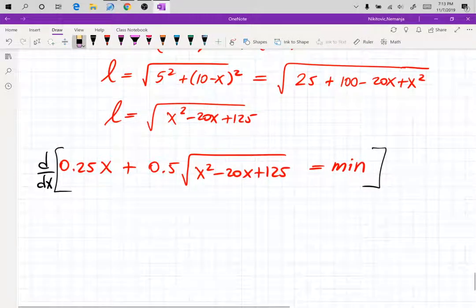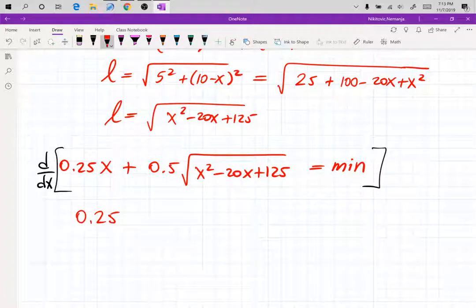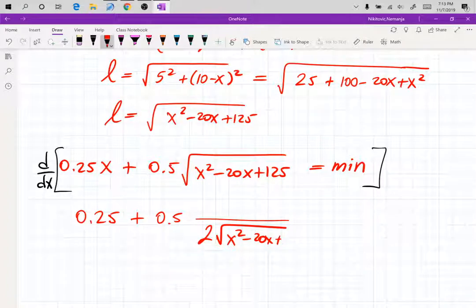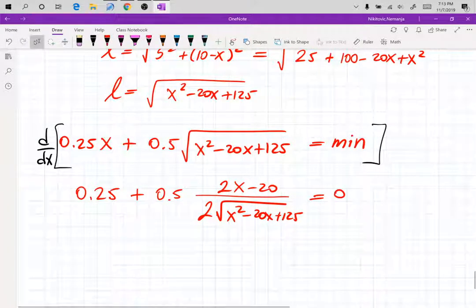So let's see. You have your derivative, that's 0.25 plus 0.5, and now the derivative of square root is 1 over 2 times the square root with the same guts, times the derivative of the guts, which is 2x minus 20. You can cancel the 2's, equal to 0.